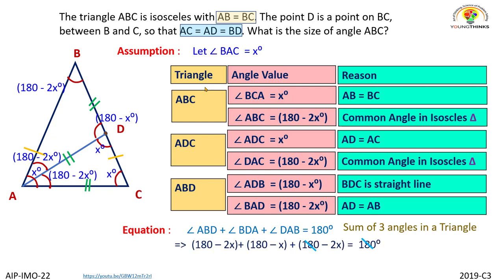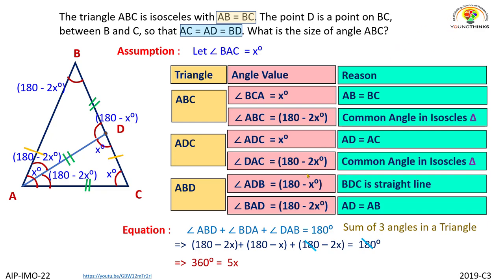So you get 180 minus 2x here, plus 180 minus x here, and 180 minus 2x here. The sum of all three angles is equal to 180 degrees. Open the bracket, cancel out a few things, and you'll be left with 360 being equal to 5x.